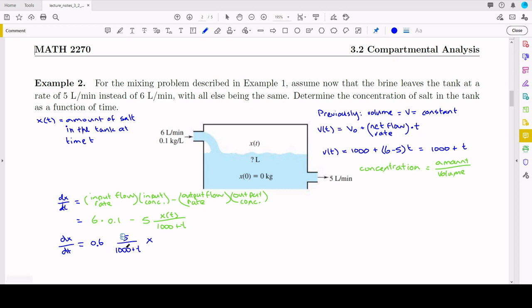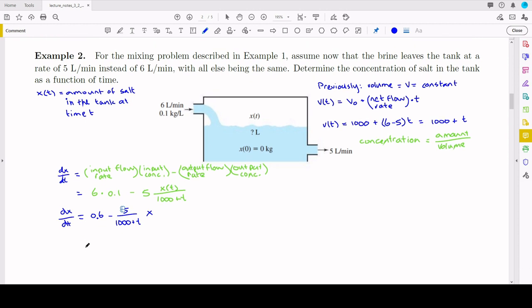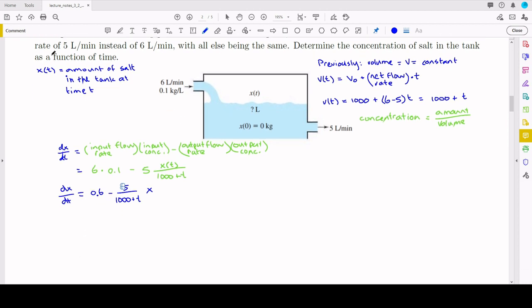So in order to see that and to solve that, we need to write the equation in standard form, right? So let's do that here. We're almost there. We already have the leading coefficient of 1, but we need to get the x on the other side. So the standard form of our differential equation is as follows.